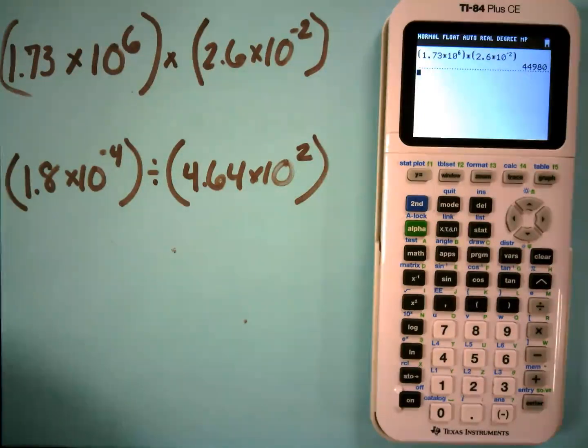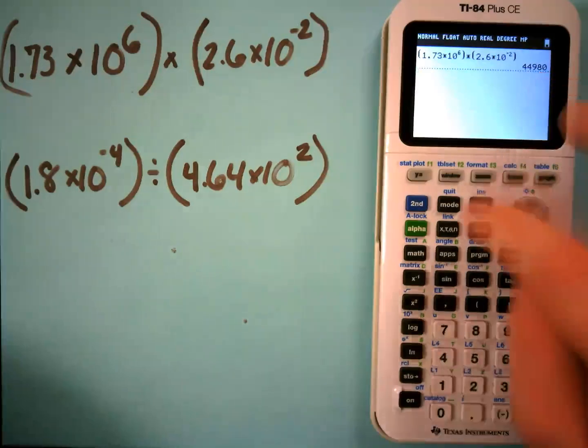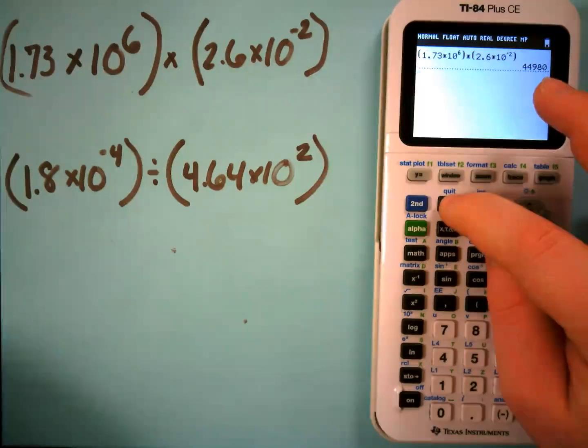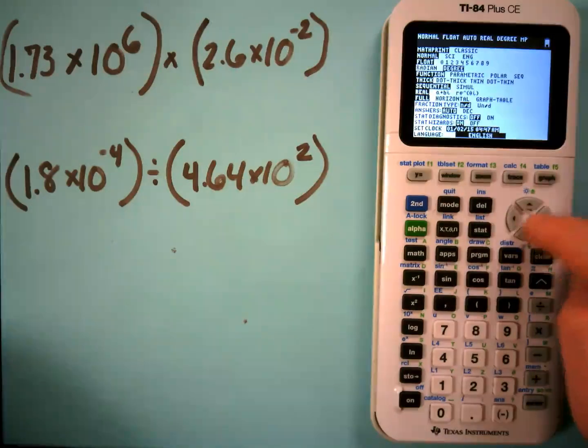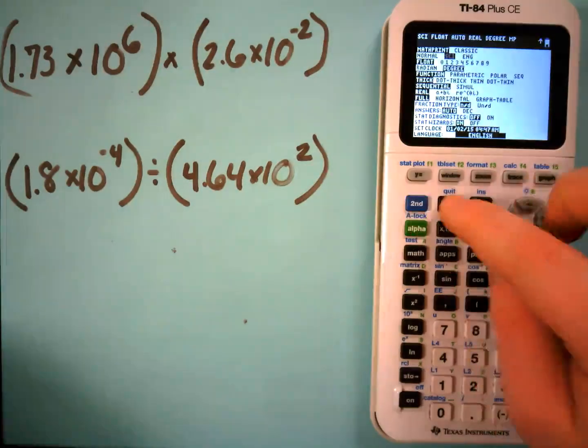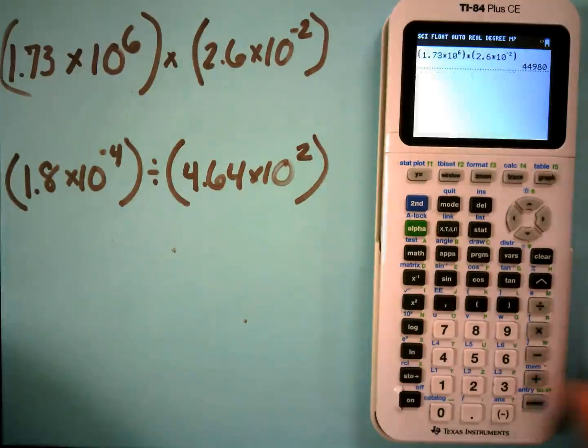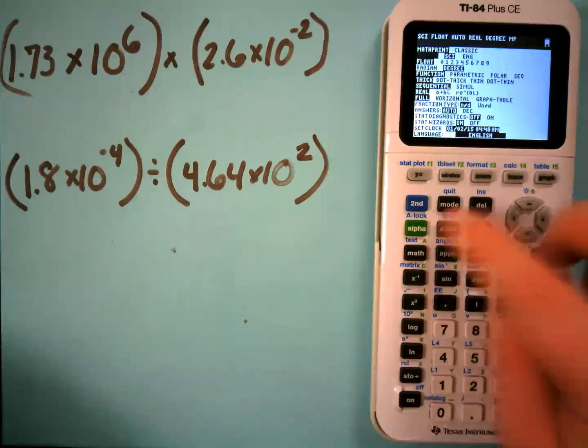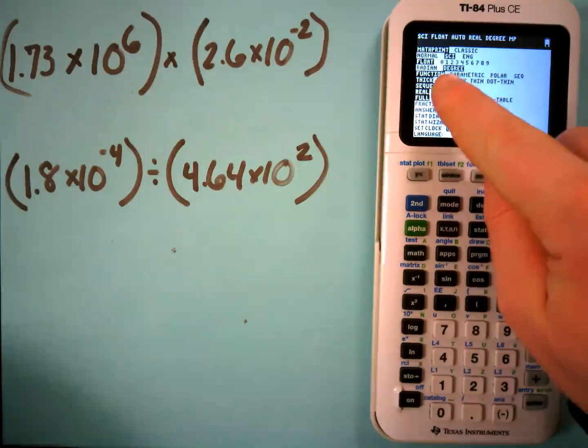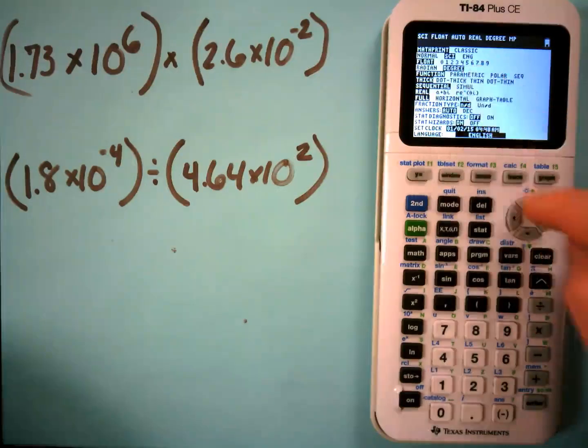It's given to us in just non-scientific notation form, but I believe there is a way, where if you do want all your answers to be plotted out in scientific notation, which I really don't recommend, you can hit mode, at least on the TI-84, and on the menu there's normal, scientific, and then English.